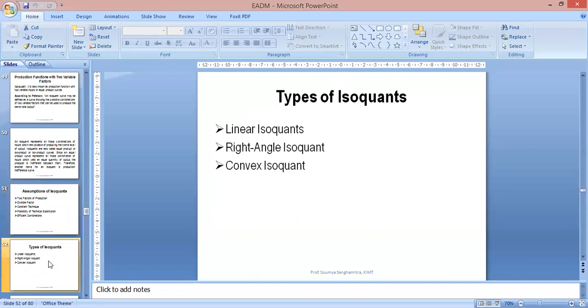Then types of isoquants. What are the types of isoquants? First is linear isoquants. What is linear isoquant? Here there is perfect substitutability of inputs. For example, a given output, say 100 units, can be produced by using only capital or only labor, or by a number of combinations of labor and capital, say 1 unit of labor and 5 units of capital, or 2 units of labor and 3 units of capital, and so on.